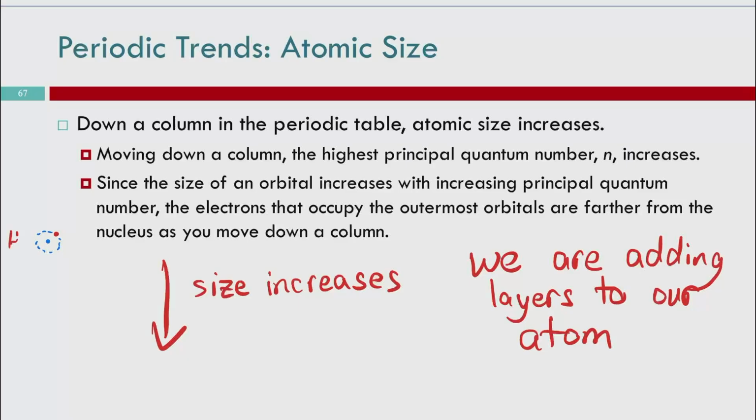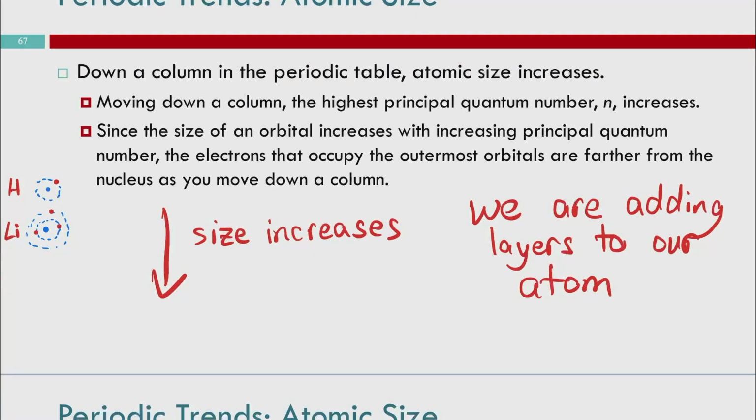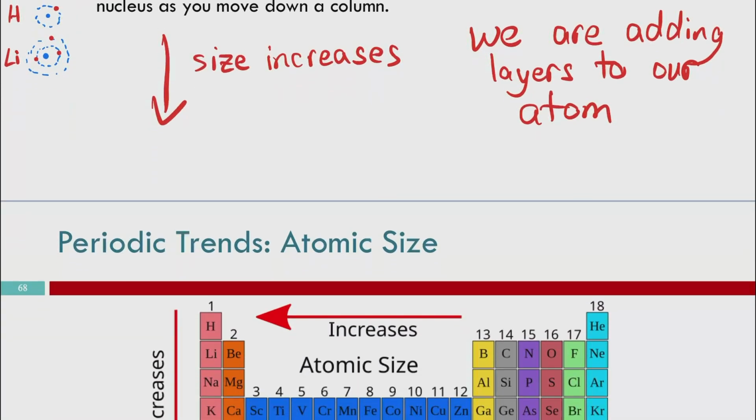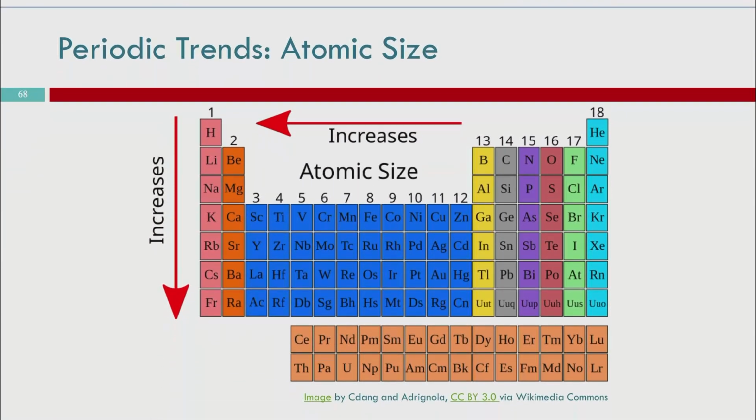If we move down to the one that's just below it, lithium, if we're thinking in the Bohr model, we're adding another shell. So naturally, adding another shell, adding another layer, it's going to get bigger. So that one we do expect. That one makes sense for most people. If you want to think of it in terms of which direction does it increase, it increases size moving right to left and top to bottom.